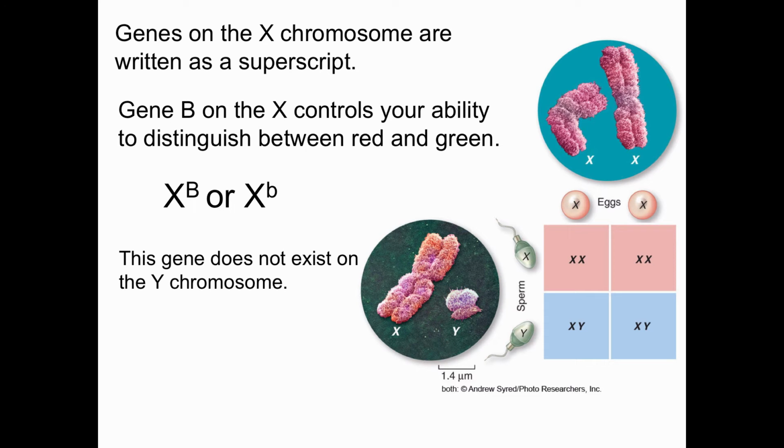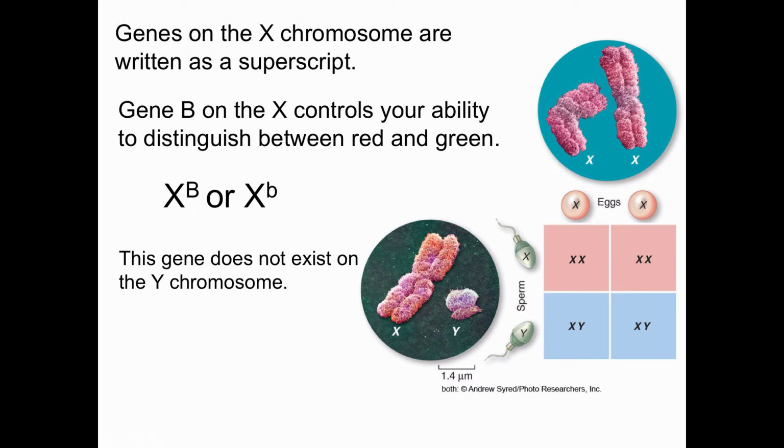So again, here's a picture of an X chromosome and the little Y chromosome, and here's 2 X's up here. So we write the sex chromosomes as X's and Y's, and then as a superscript, we put our alleles, right? So gene B on the X is going to control your ability to distinguish between red and green.